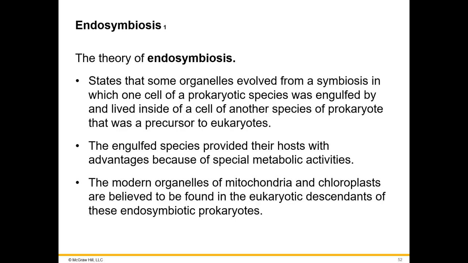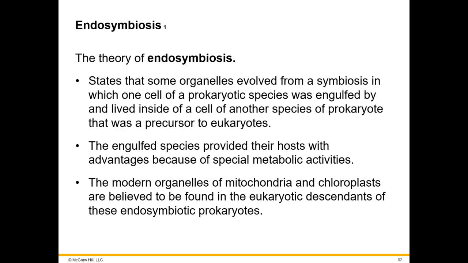This theory states that some organelles had to have evolved from a symbiosis in which one cell of a prokaryotic species was engulfed by and lived inside of a cell of another species of prokaryote. And that was a precursor to eukaryotic cells, or eukaryotes.